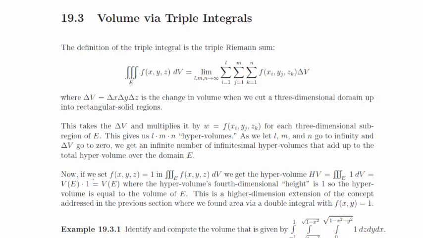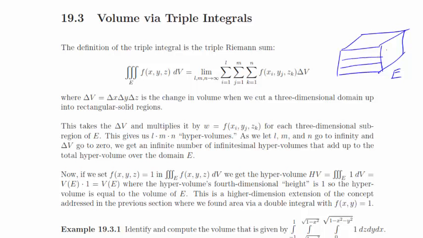So essentially, if I have some domain, say this is my domain E in 3 dimensions. My domain is a three-dimensional solid now. And I'm just doing a rectangular solid to keep this nice and simple.